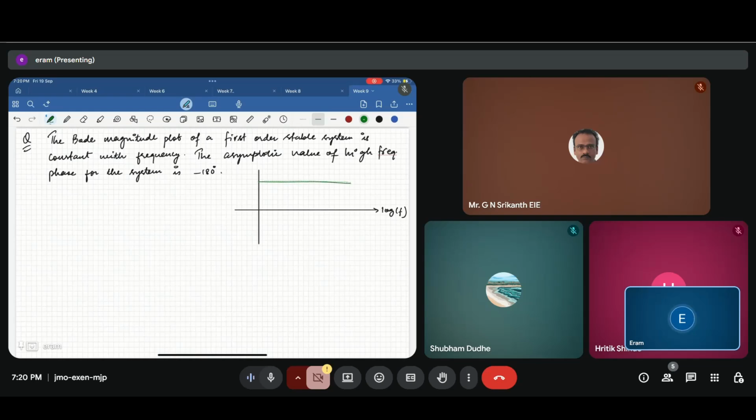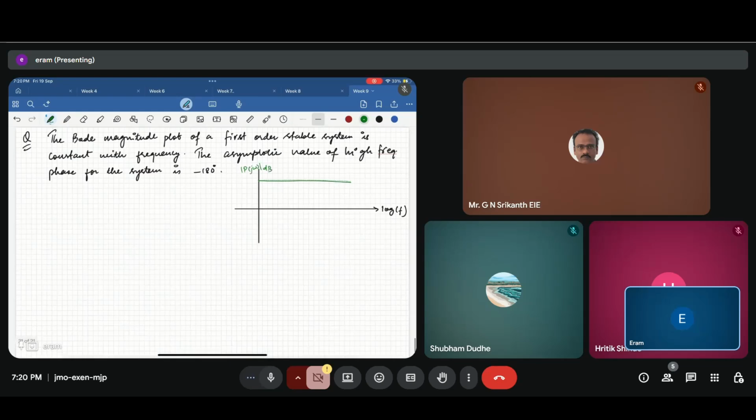This is P of j omega in dB, and this is the phase plot. So this is equal to minus 180 degrees, and the options are, we have one left half pole, one LHP pole, and one RHP zero.